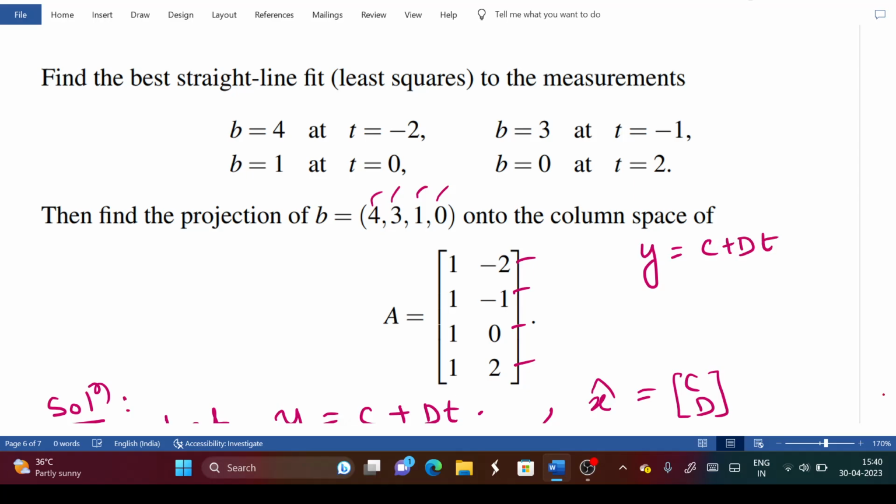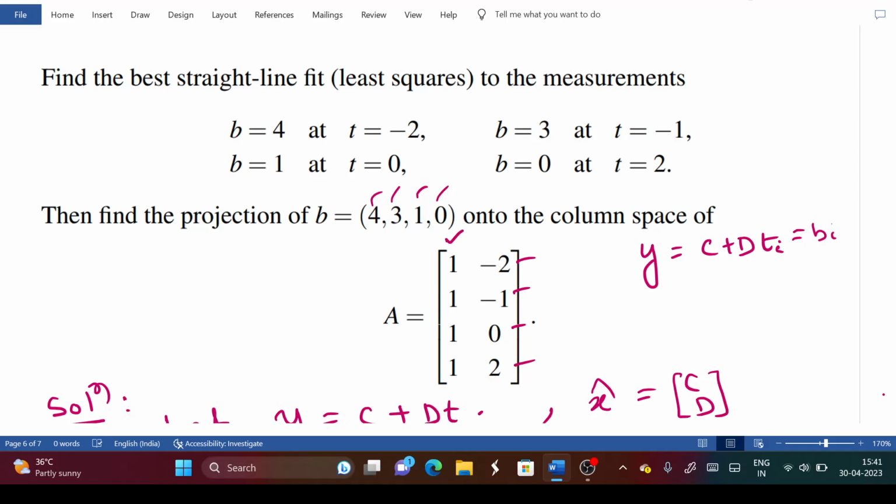When we write this equation, for every value t1, t2, t3, t4, the equation becomes c plus d ti is equal to bi. Here c and d are unknowns, and the coefficient of c in every equation is 1, so the first column is 1.